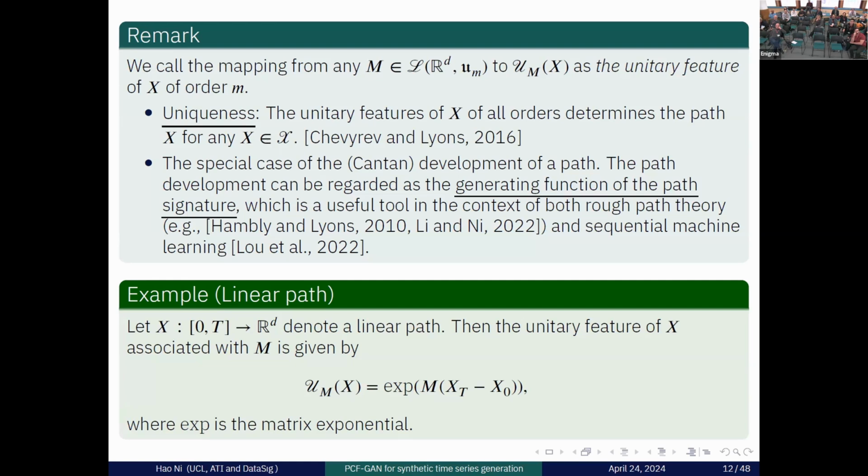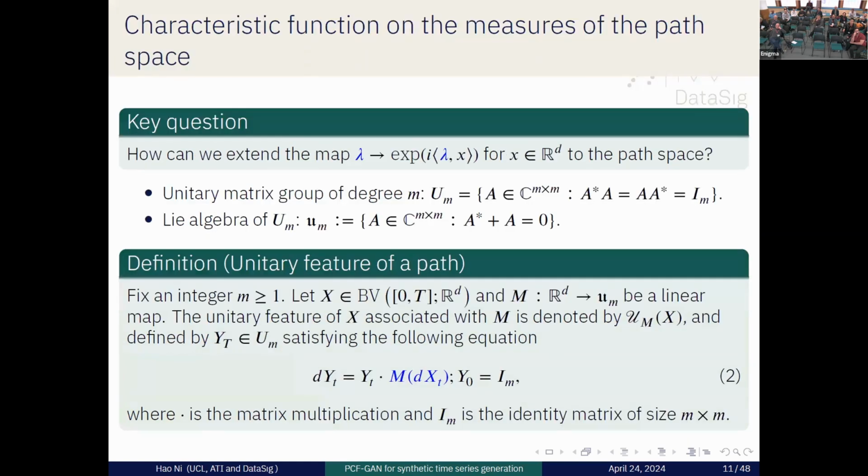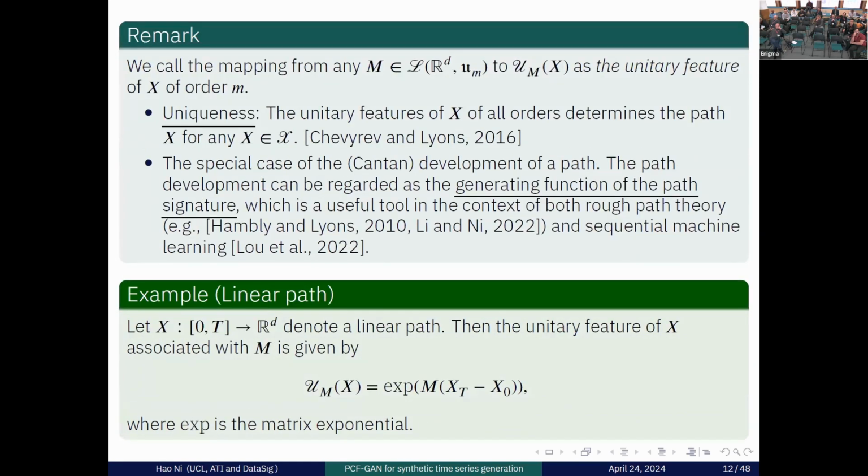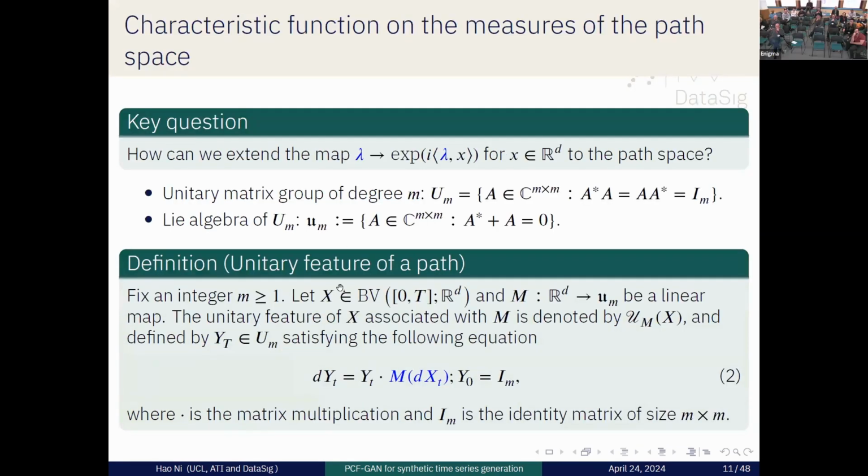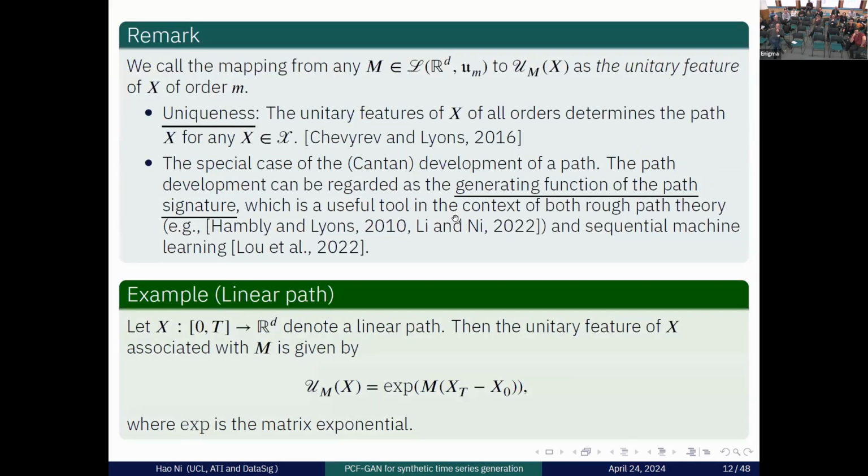In fact, this unitary feature of the path is a special case of the path development. The general path development feature is defined in a similar way, but it can be applied to a general matrix Lie group, not only the unitary matrix Lie group.